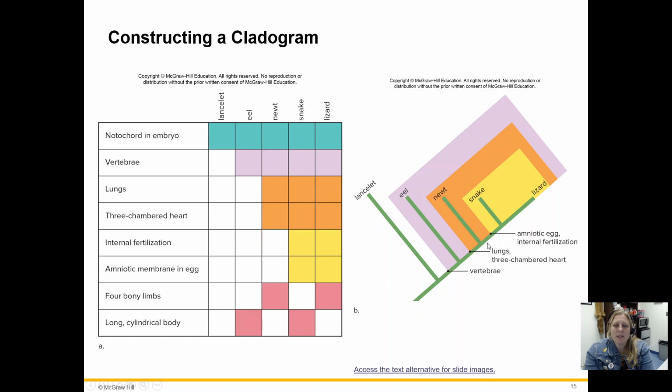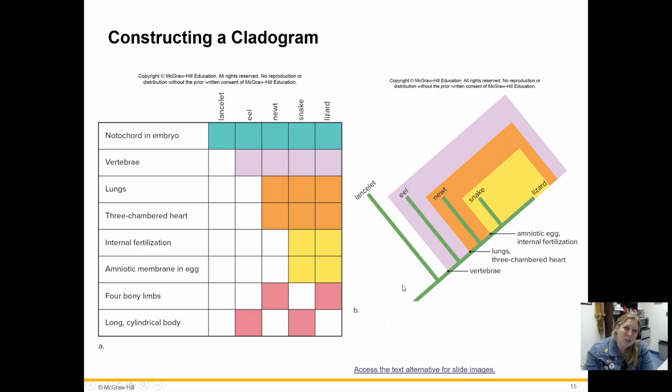That's what separates them from the newt or the eel or the lancelet. But snakes and lizards also have lungs and a 3-chambered heart and vertebrae and a notochord. So my organisms at the most end of my cladogram are going to have all of the traits that I'm interested in, and then I'm going to see those divisions or branches occurring when the traits are found that are no longer in that particular species.